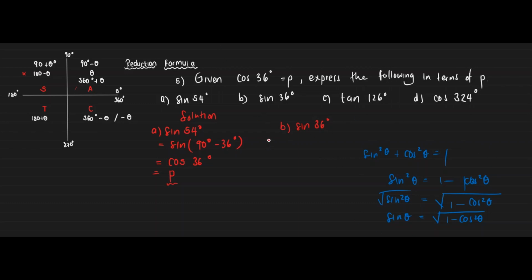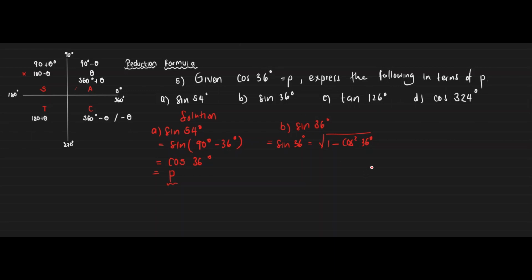So this is the same as saying sine 36 degrees is equal to the square root of 1 minus cos squared 36 degrees, right? Then now we know the fact that cos 36 is equal to p.